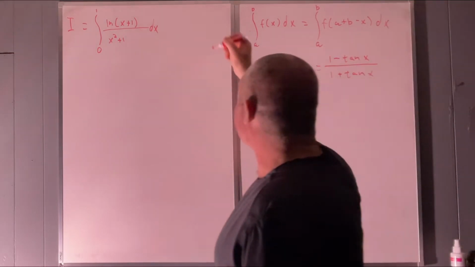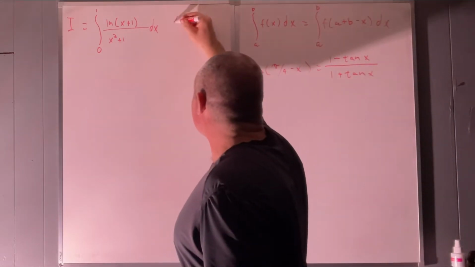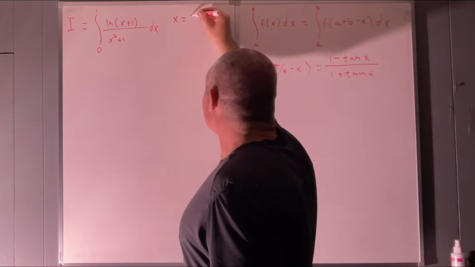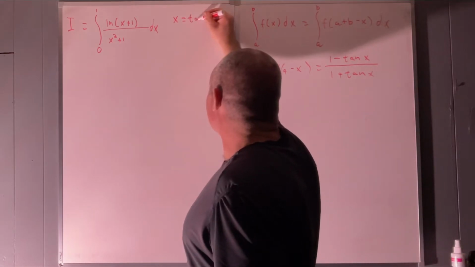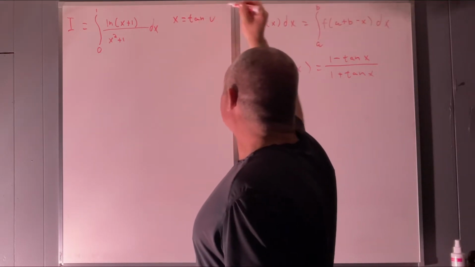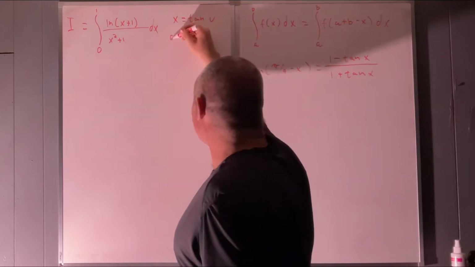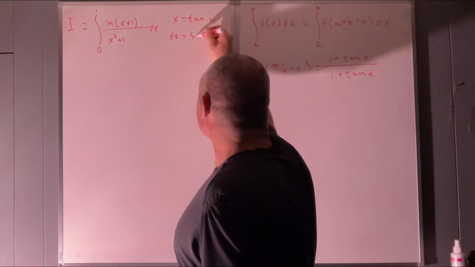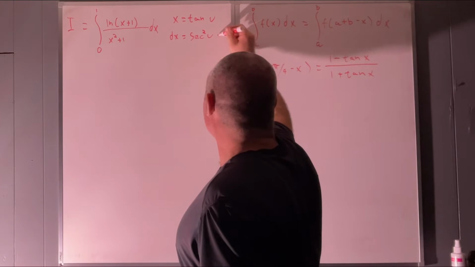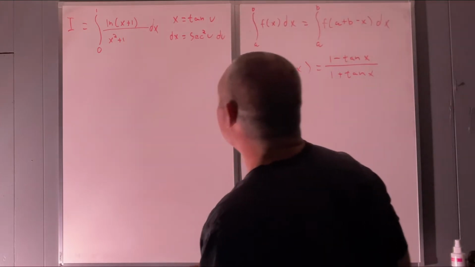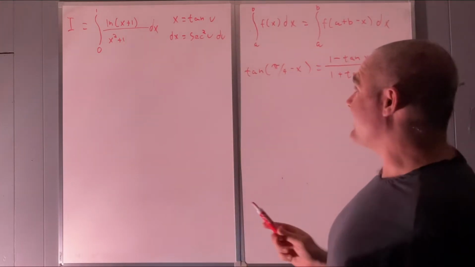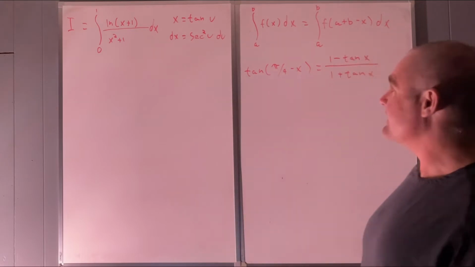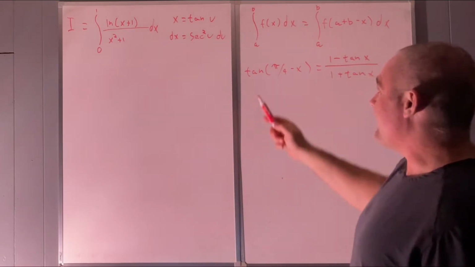All right, so our first step is we're going to make the substitution that x is equal to the tangent of u. So dx is equal to secant squared u du. That's a fairly obvious substitution.